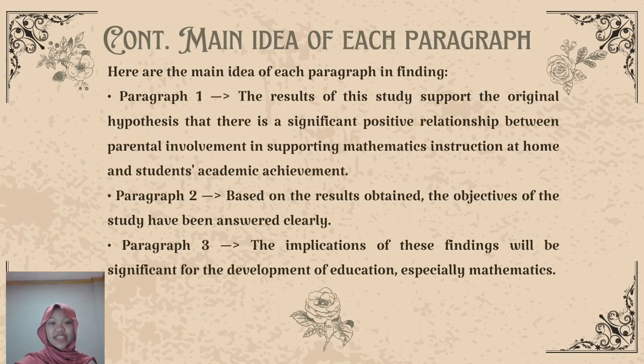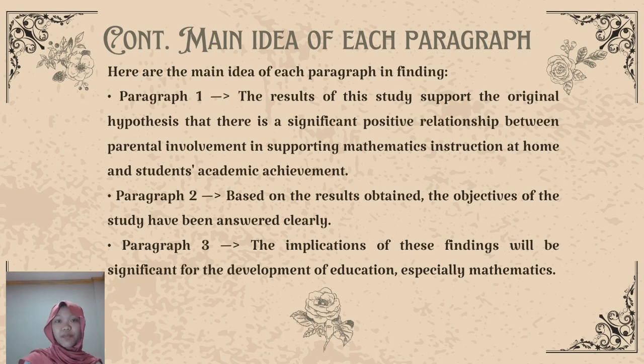Okay, next is the main idea of each paragraph in the findings. In paragraph 1, the main idea is the result of the study supports the original hypothesis that there is a significant positive relationship between parental involvement in supporting mathematics instruction at home and students' academic achievement.